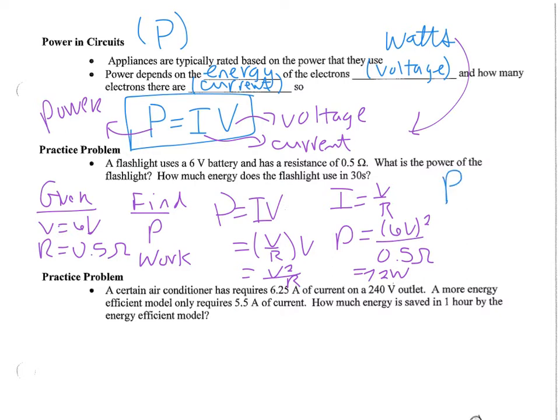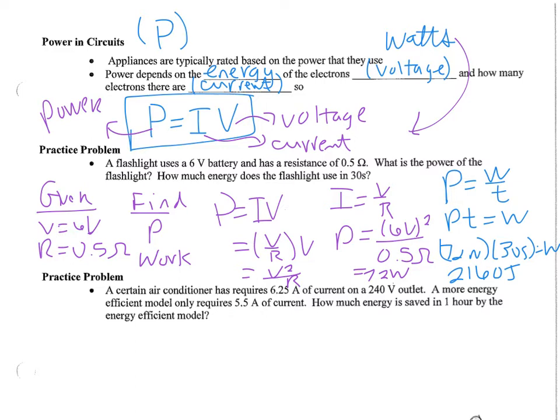We also know from energy that power is work over time. So power times time equals work. 72 watts times 30 seconds equals the work. 72 times 30, 2160 joules. I'm out of room.